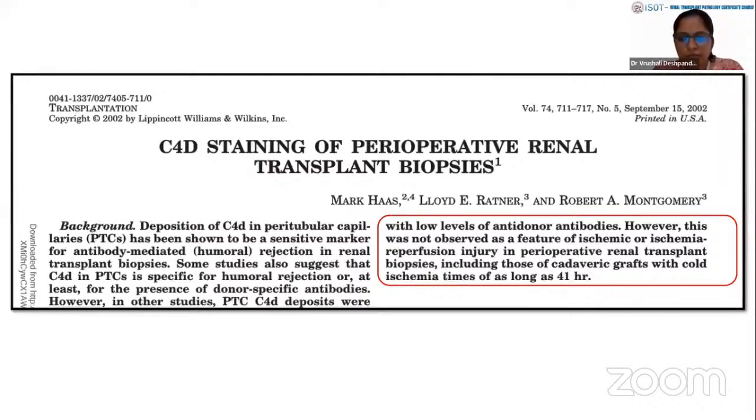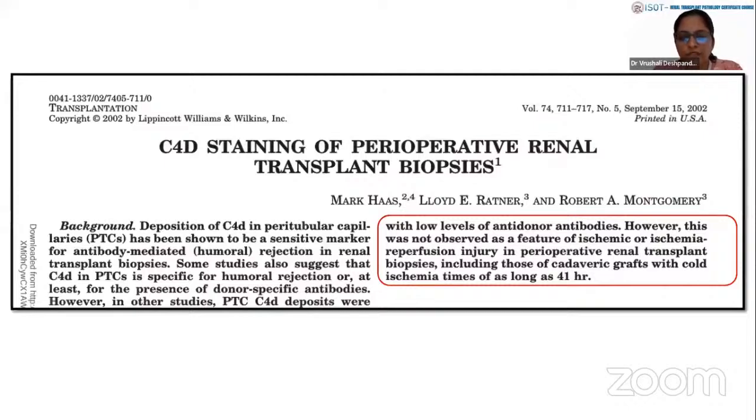This is a nice paper by Mark Haas and colleagues published in Transplantation, who studied C4d staining of perioperative renal transplant biopsies. What they found was that C4d staining and positivity is associated with humoral rejection as well as, at times, just the presence of donor-specific antibody. But the important thing was that C4d positivity is not observed as a feature of ischemia or ischemia reperfusion injury in this study of perioperative renal transplant biopsies, including those cadaveric grafts with cold ischemia time as long as 41 hours.